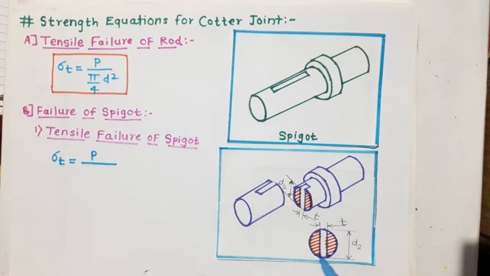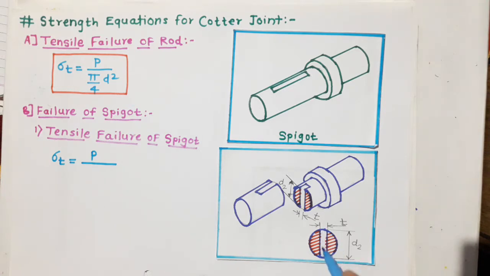So in order to find out the area subjected to tensile stress, we have to first take the area of this circle. The area of this circle would be pi by 4 d2 square, and from that we have to subtract the area of this slot. The thickness of the slot is t and the diameter of this spigot is d2. So for this rectangular area, the height is d2 and the width is t.